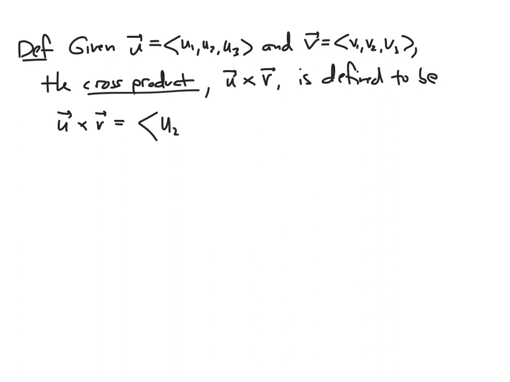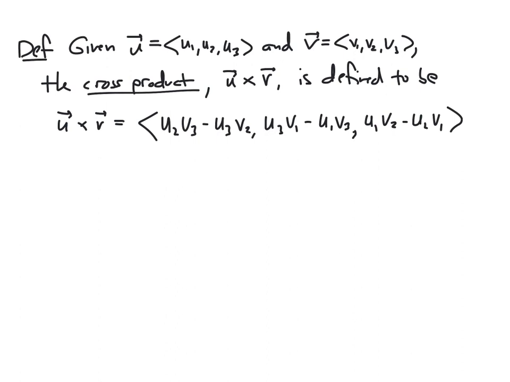So u2 v3 minus u3 v2, u3 v1 minus u1 v3, and u1 v2 minus u2 v1. Okay, so this is the cross product of the two vectors u and v in component form. And so this vector will be mutually orthogonal to both u and v.